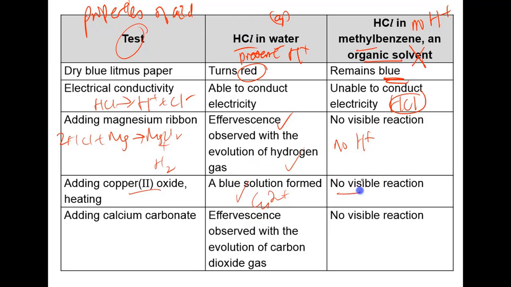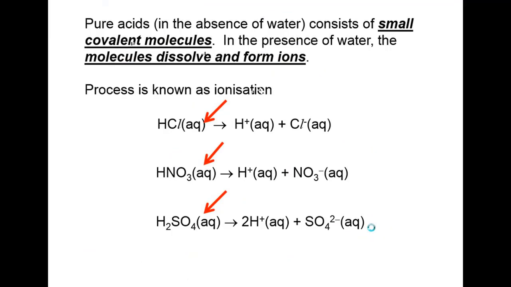Over here, no visible reaction as well. Adding carbonate, I have an acid-carbonate reaction, and I have my CaCl2 plus H2O plus CO2. So I observe effervescence, and I observe the evolution of carbon dioxide. Why? Because H+ is present. No H+, no visible reaction.